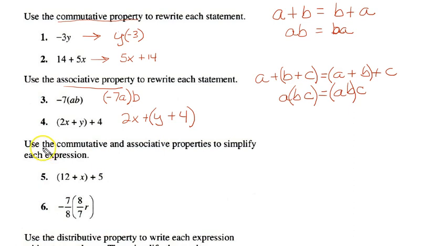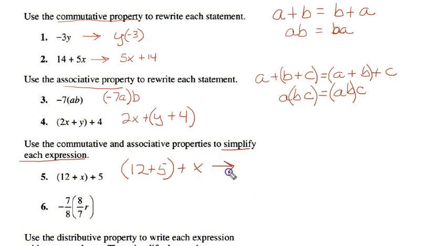Now here we're going to use the commutative and associative properties to simplify, and this is what we do in math all the time. Now I'm going to switch the order of these two, and I'm going to get 12, put the 5 over here, group that together, and then we have the x.